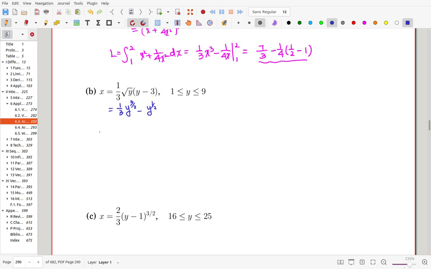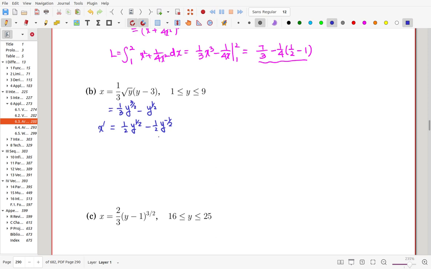So let's get x prime, of course differentiating with respect to y. That is half, after multiplication, half and y to the half power, and that is minus half and y to the minus half power.